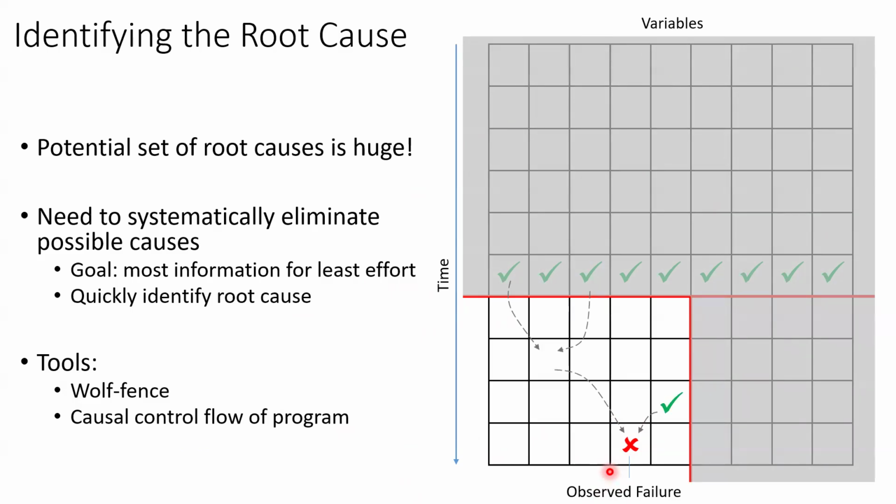And we verify those one by one after we have eliminated a large space. Then we know what is causing the failure. And this can be done because the program execution is causal.